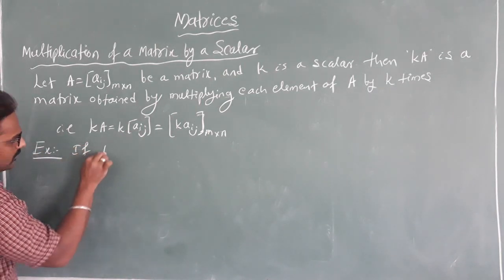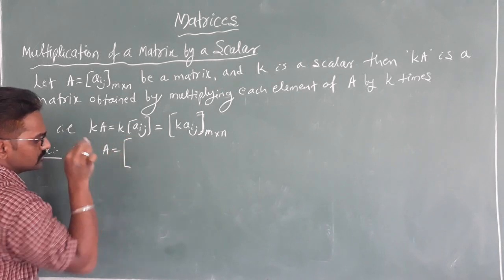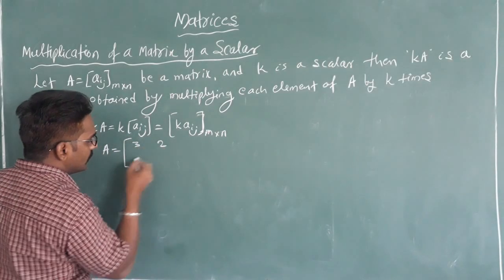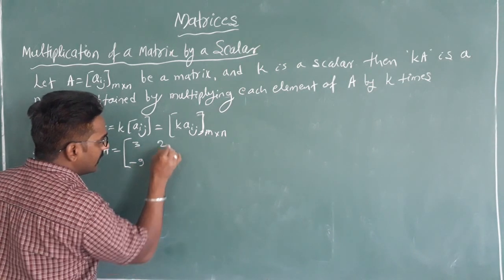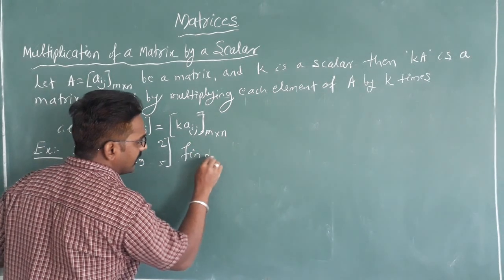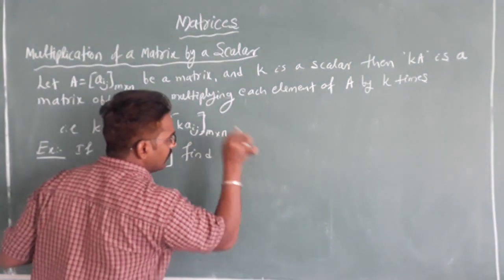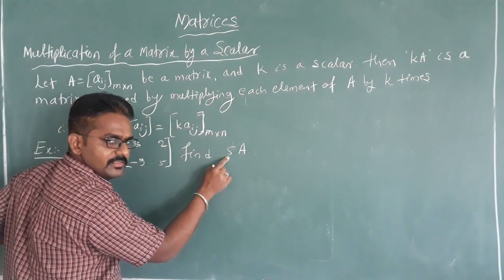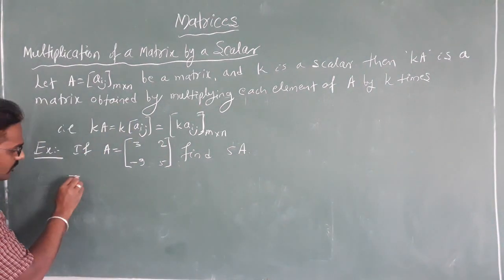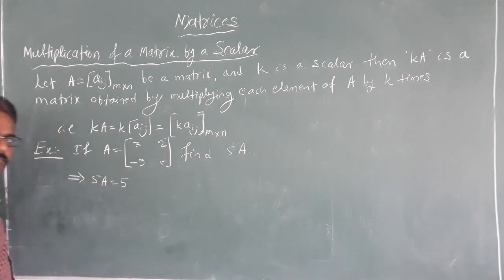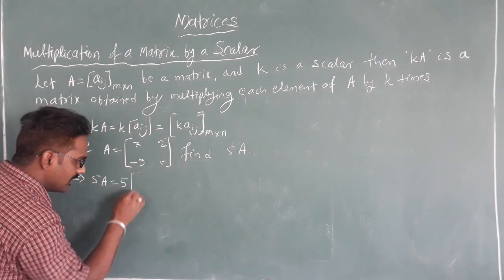If A equals 3, 2, minus 9 and 5, find 5 into A. K into A, K is 5 here. So what does it imply? 5 into A. Write the 5. And what is A here?